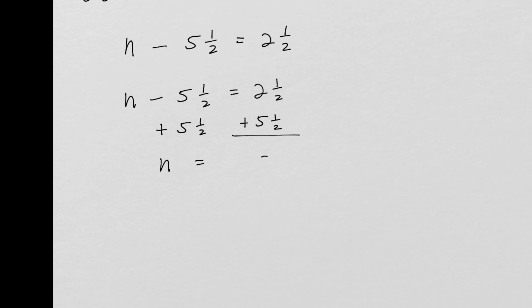Or you could write it as 2 halves if you want. And then 2 plus 5 is 7. But 2 halves is the same as 1, right? So really this is just equal to 8. So 7 and 2 halves is the same as 8, right? You would combine the 2 halves, get a whole number 1, and then combine it with the whole number piece. So n is equal to 8.